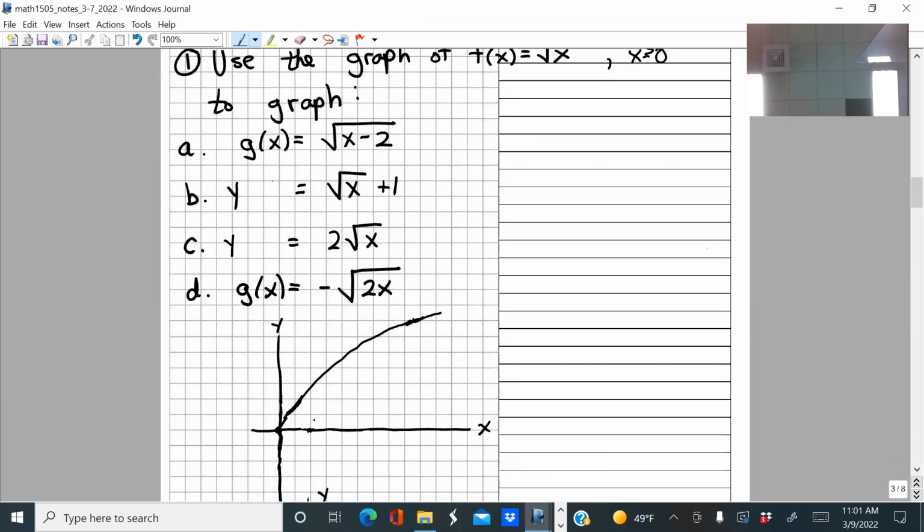We're just shifting it to the right 2 units. So I'm going to start here, instead of at the origin. And then I want to draw a curve that's kind of quote unquote parallel to this one. Curves can't be parallel to one another, but I want to make it look the same. So see, there it is. Just that simple. I know what that graph looks like.